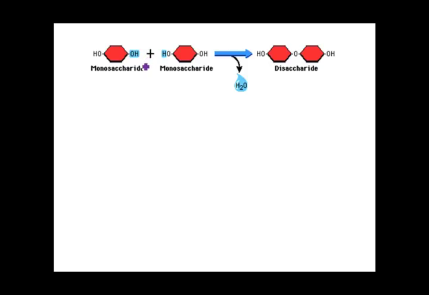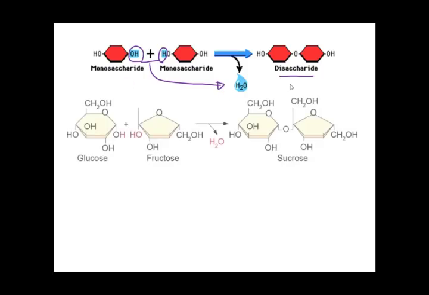So an OH comes off of one and hydrogen off another, and those 2 things together form water. So water is pulled out, and then a new bond has been formed between those, and now you have them linked together. Okay, so that's how you'd form a disaccharide, is to put 2 of them together through dehydration synthesis. So every time you take 2 monosaccharides and put them together, you get 1 water molecule.